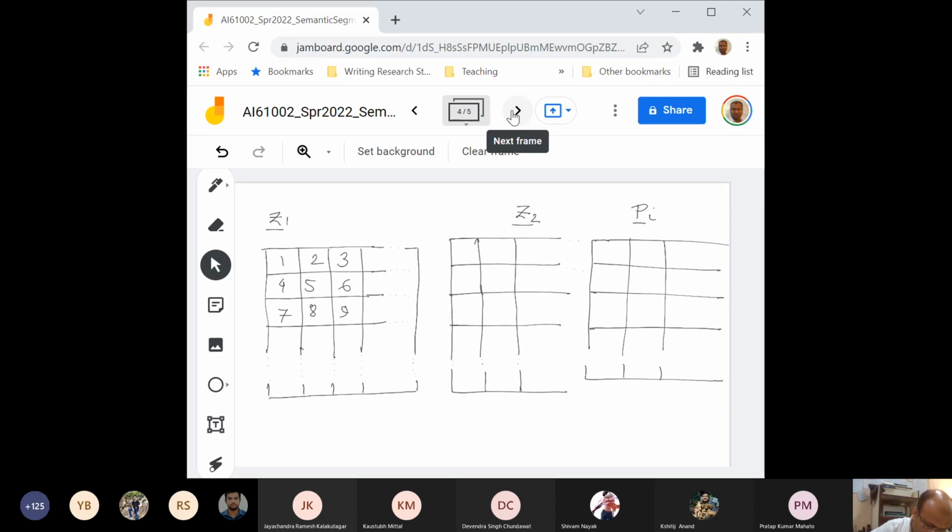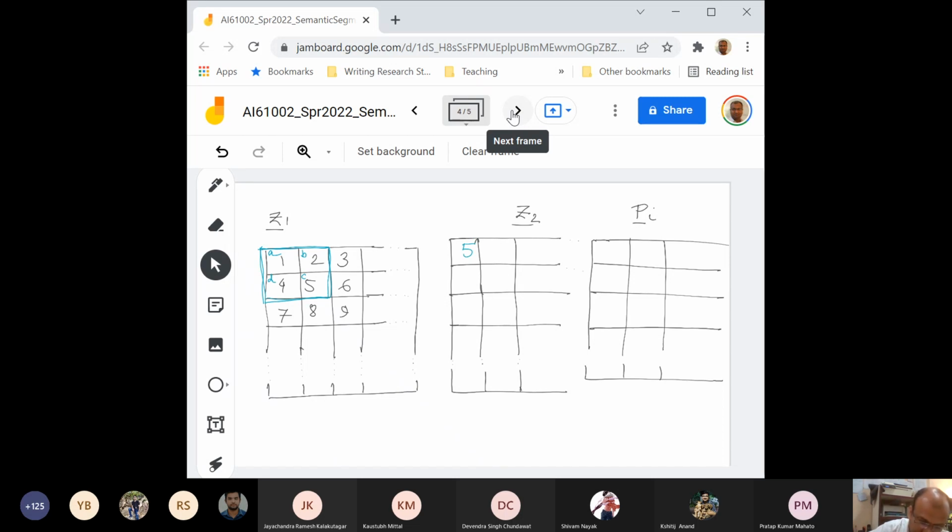So I call this A, B, C, D. Now I am taking the maximum value over this window, so the maximum value is going to come down as 5. Now from which location did the maximum value come down?